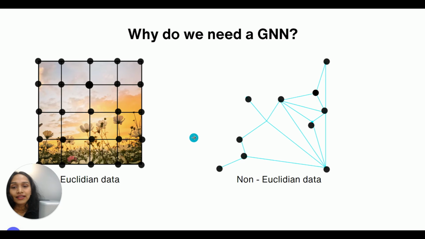Whereas many real-world problems cannot be considered as this Euclidean data or this grid-like structure. So these non-Euclidean data can be modeled as a graph, and we can train on this graph to make many amazing predictions, and we can do many different tasks by using these graphs.